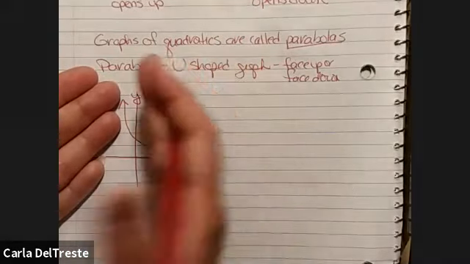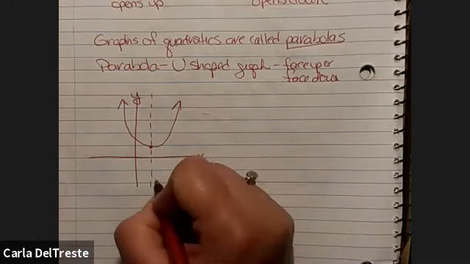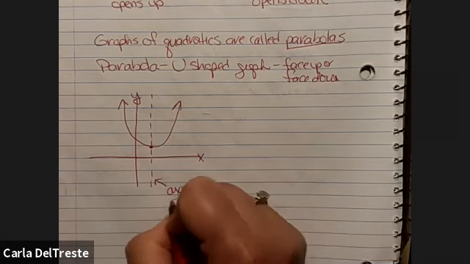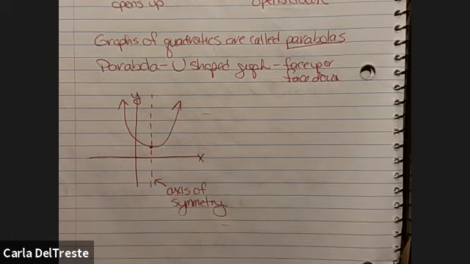I could fold right over this vertical line and it would be the same picture on both sides. So this vertical line is called the axis of symmetry. And when we learn about formulas, we're going to learn about how we can actually find the axis of symmetry.